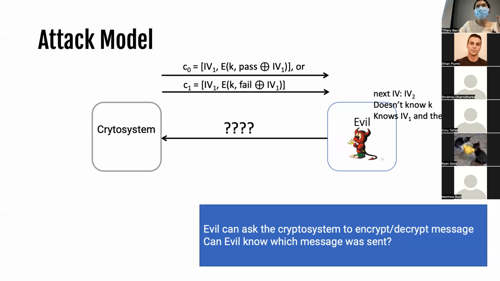The question is, how should he construct the new plaintext, asking the crypto system to encrypt it, so that he can get something related to the previous encrypted message?